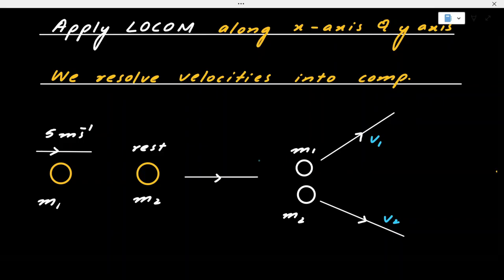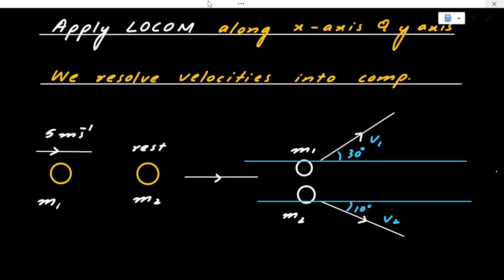And you could be provided with the angles also with the horizontal. For example, the angle of this one with the horizontal is 30. The angle of the second one with the horizontal is, let's just assume, 10. What do you do? You resolve the velocities into components. One component of v1 would be to the top, one to the right, because the vector was in the top right corner.